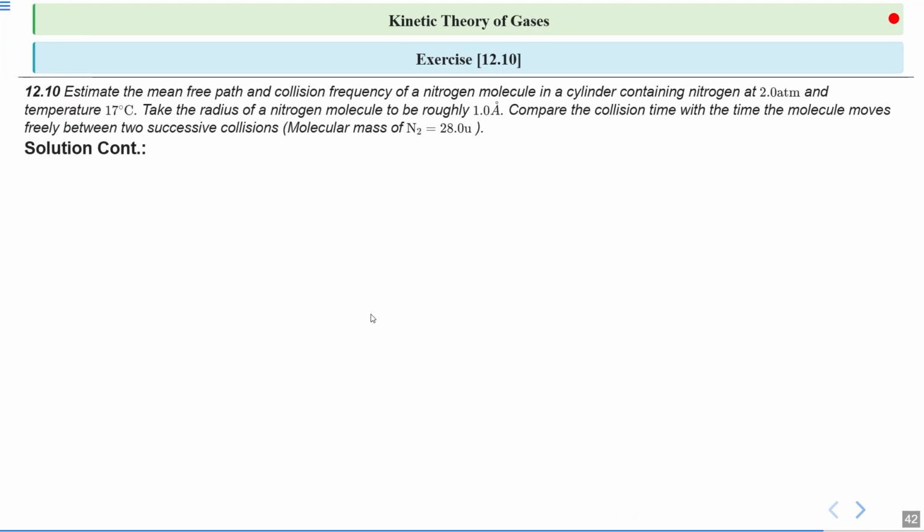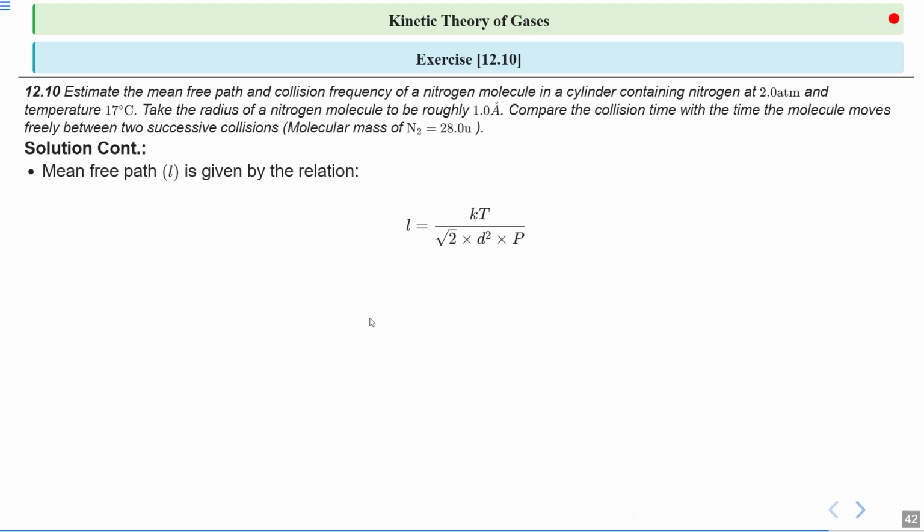Now mean free path is given by the relation. The mean free path denoted as L is given by the equation L is equal to kT by root 2 pi d square into P. Here k is the Boltzmann constant, T is the temperature in Kelvin, d is the diameter of the molecule, and P is the pressure.